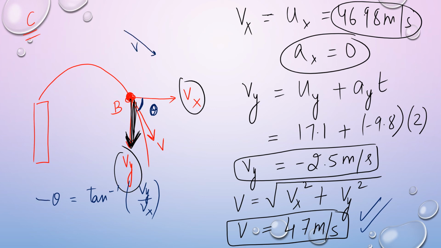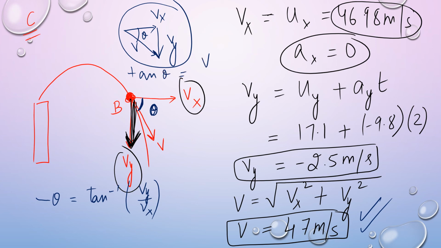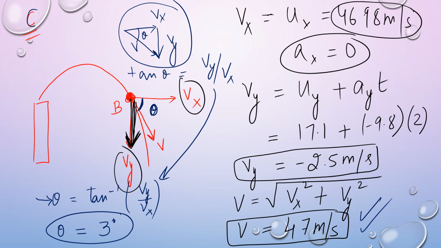This is my velocity vector, this is my Vx, and this is component Vy, and this is angle theta. So you apply the trigonometric identities and you get tangent theta as Vy by Vx. So from here I'm going to get this formula. When I substitute Vy and Vx, the theta comes out to be 3 degrees. So that completes my part C.